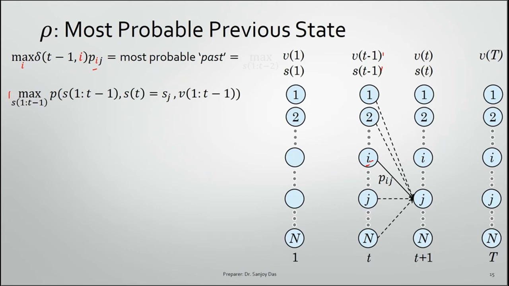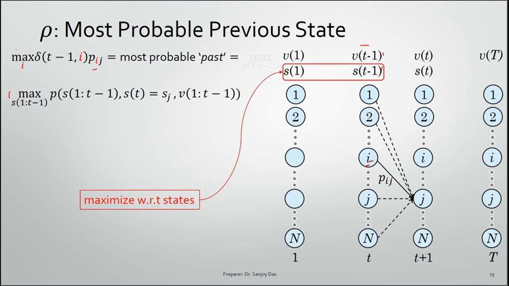So we max over all the past, so we max over t minus 2 when we are looking at delta t minus 1. So delta t minus 1, i is the joint probability of S t equals Si and V t minus 1 along the most probable path. Then when we max it over i, this is what we get.